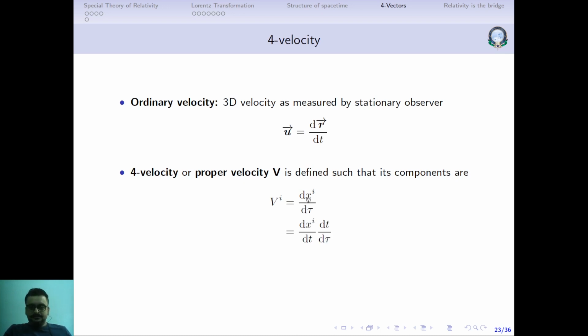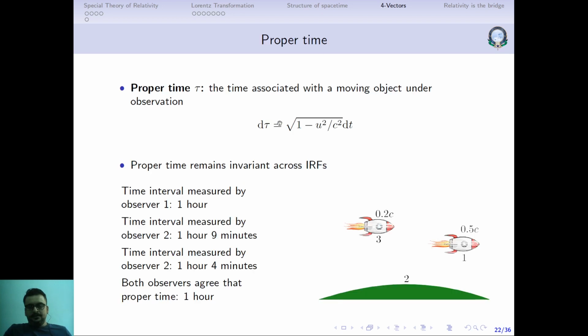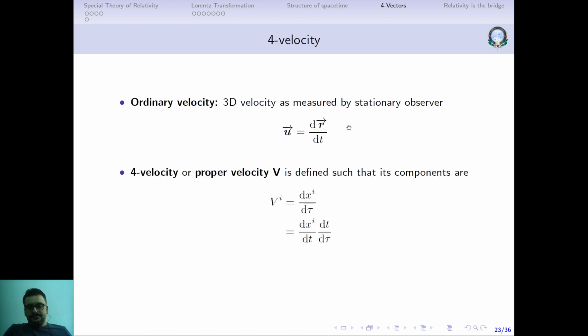Because this d tau, as we have seen, the proper time is related to the observed time, we can now use the chain rule. So dxi by d tau is equal to dxi by dt into dt by d tau. This dt by d tau will give us a factor of 1 by under root 1 minus u square by c square. And what is dxi by dt?